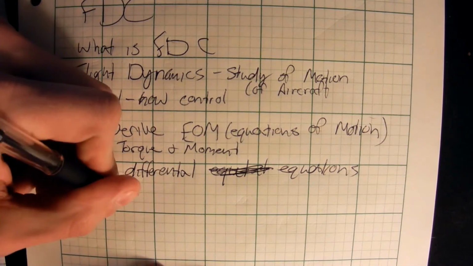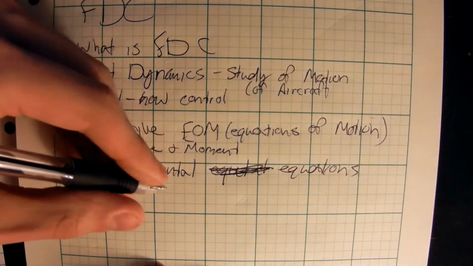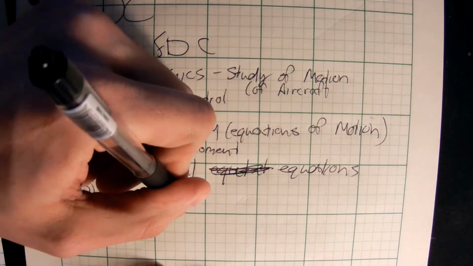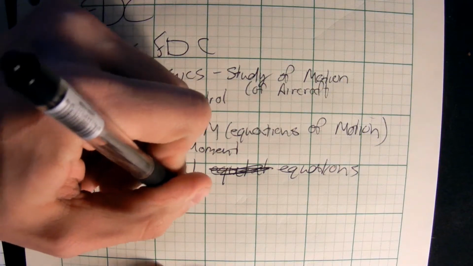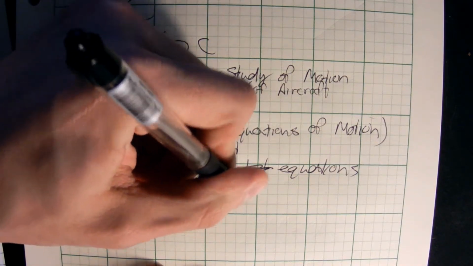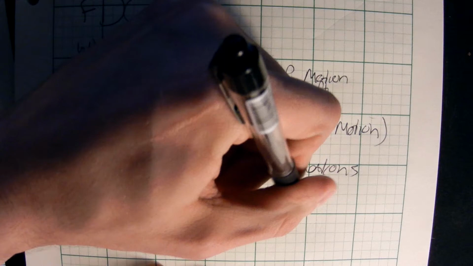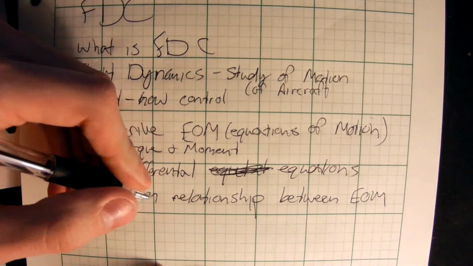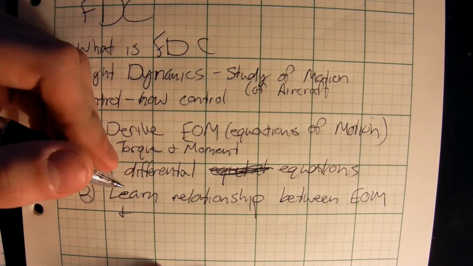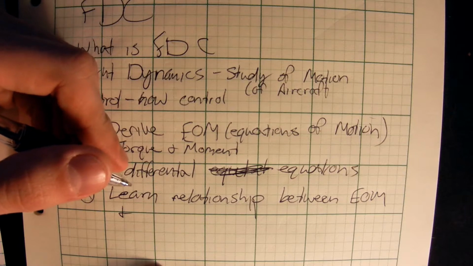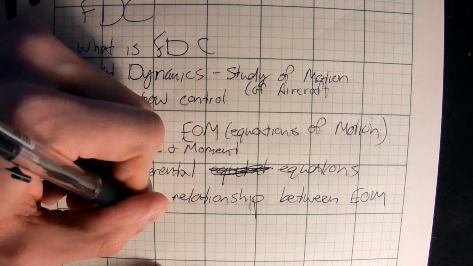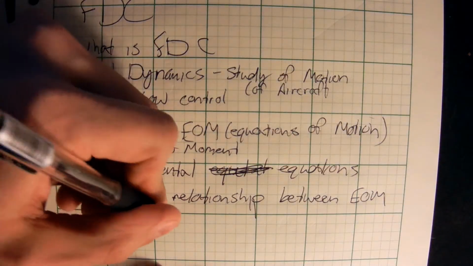Secondly, we'll learn the relationship between the equations of motion and the aircraft design. For example, how big the wings are, the control surfaces, where they're located, where the engine's located, how those affect how the airplane flies.